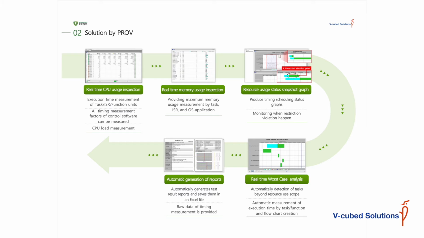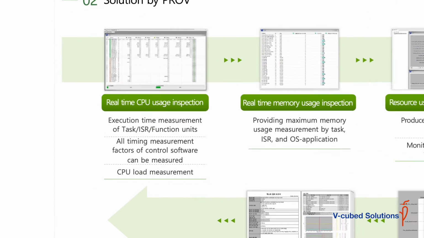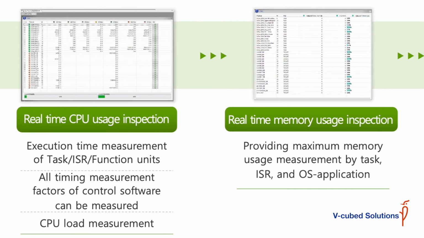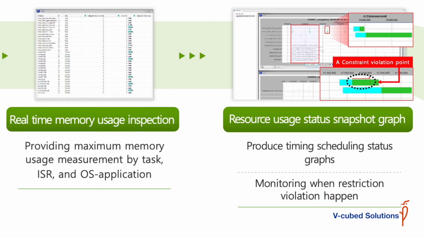So again, what we have is it basically goes in and does a real-time CPU usage inspection, and it does a real-time memory usage inspection. Then it looks at the resource usage and status snapshot graph. It will show you exactly where everything's at in a nice clean format, so it gives you a visual aspect of it.